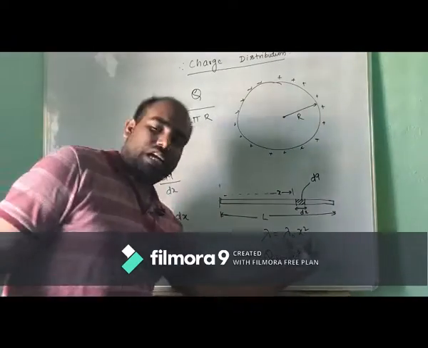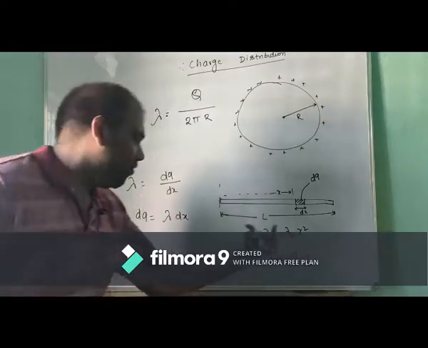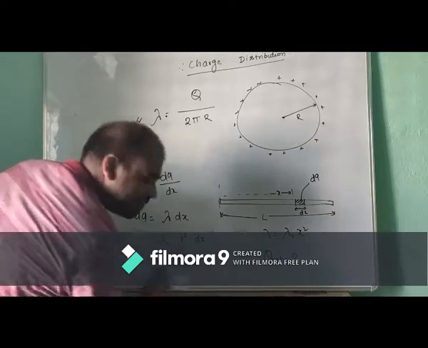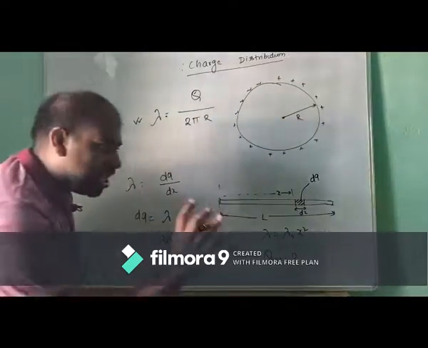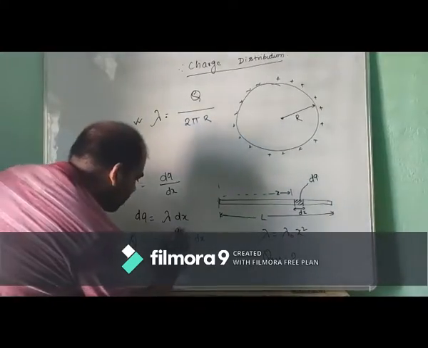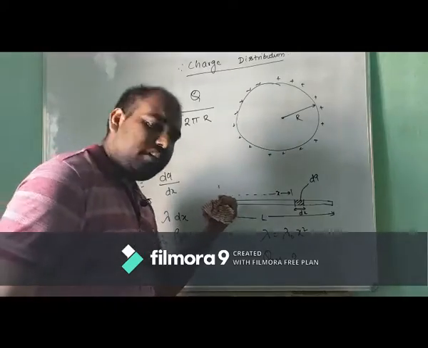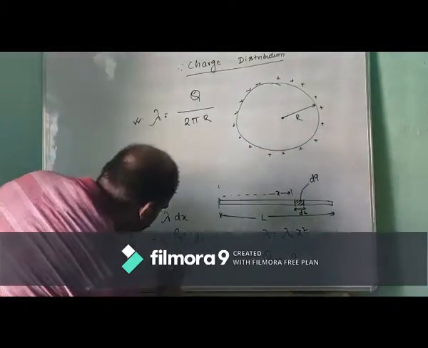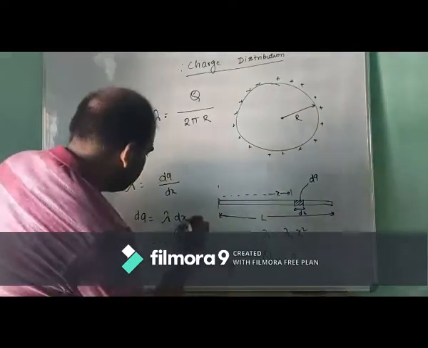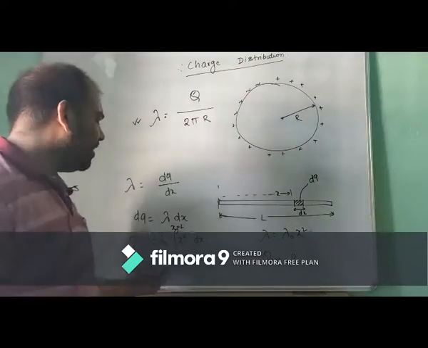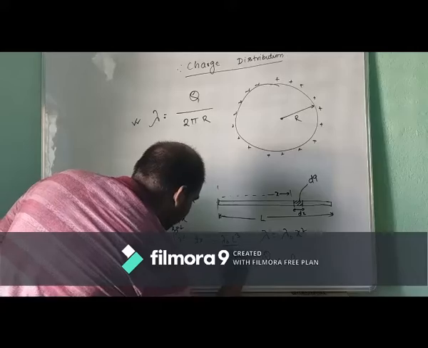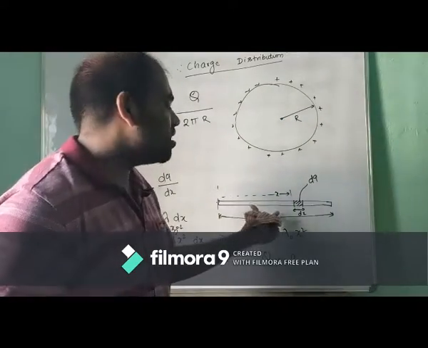We know the variation of lambda, lambda naught times x square, so we put it here: dq equals lambda naught x square dx. Since you have to find the total charge on the body, we have to integrate this from the left end where x equals 0 to the right end where x equals L. After integration, you will find lambda naught times L cube by 3. This is the net charge on this rod.